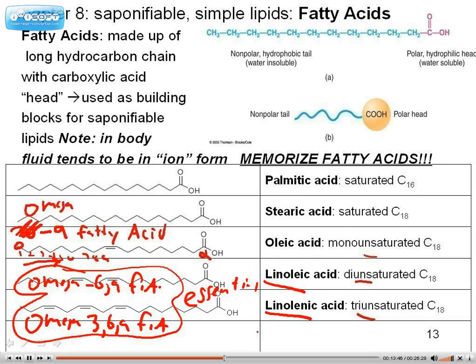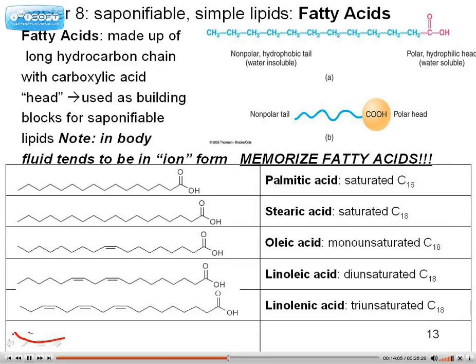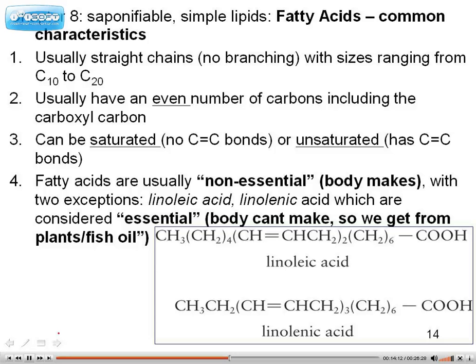Let me go ahead and focus on the omega 6,9 and 3,6,9 fatty acids, aka linoleic and linolenic. So again, these are essential fatty acids. This is the condensed form, although if I test you on it, in general, I like the line structure. You should by now see the pattern.